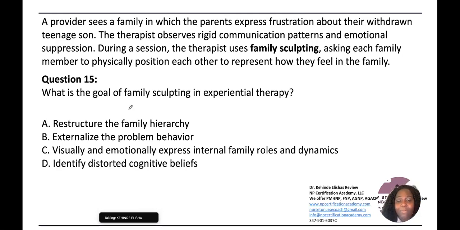What is the goal of family sculpting in experiential therapy? A. Restructure the family hierarchy. B. Externalize the problem behavior. C. Visually and emotionally express internal family roles and dynamics. D. Identify distorted cognitive beliefs. Drop your answers in the chat, please.